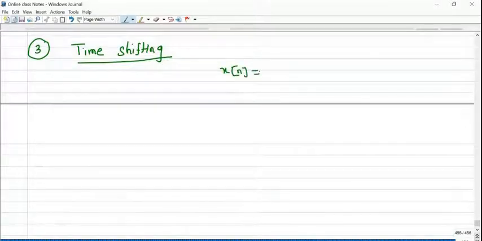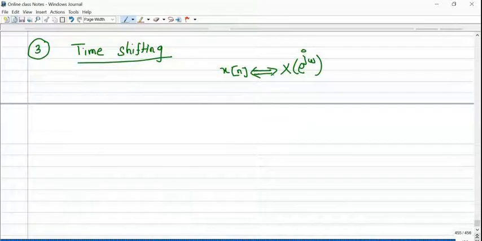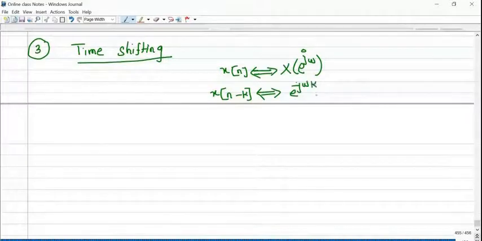Let's assume the DTFT of x of n is X of e power j omega. So the time shifting property says, suppose x of n minus k, the DTFT result will be equal to e power minus j omega k times X of e power j omega. Okay. Similar to your Fourier transform.